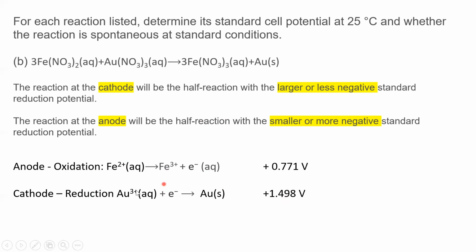So take the cathode value, subtract the anode value, decide whether we get a positive or a negative value for our reduction potential difference, and decide whether this reaction in the direction it's written is spontaneous. It's the cathode value, subtract the anode value.